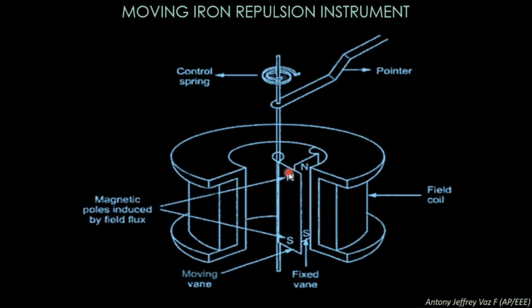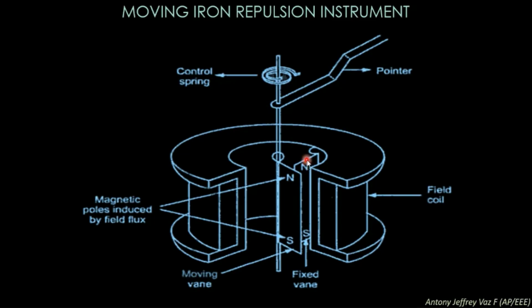On seeing the operation, the coil which is wound in the frame is energized with the help of the measuring voltage or measuring current present in the system. This will produce an alternating magnetic field between the two vanes, the fixed vane and the moving vane. An alternating magnetic flux is produced here.